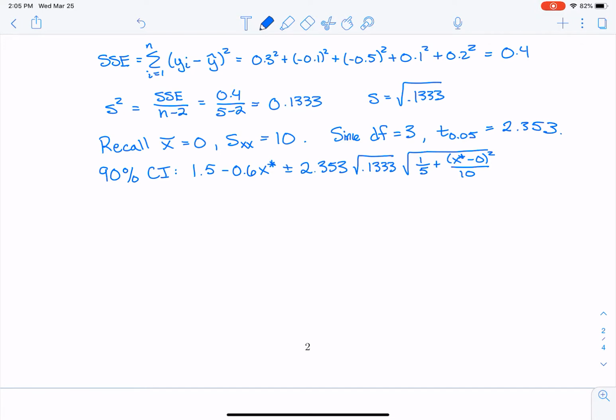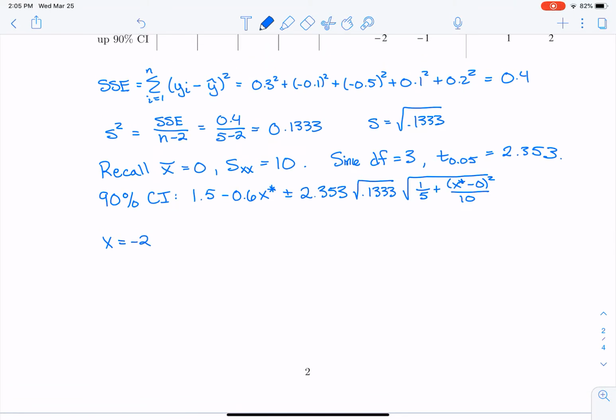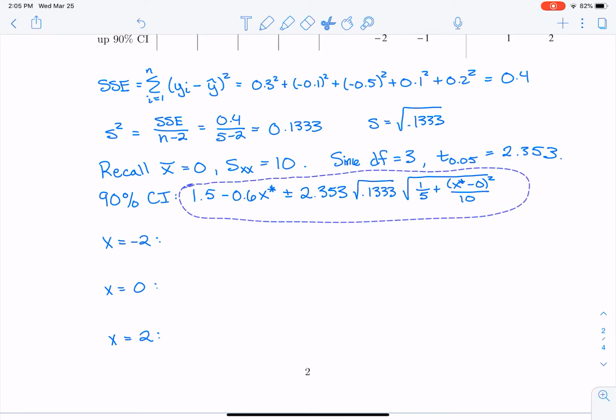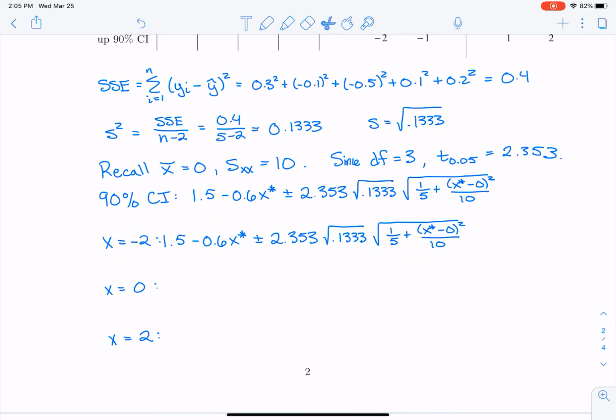And what I would like to do is just compute that for a few values. So we're going to compute that for x equals minus 2, x equals 0, and x equals 2. So all I have to do is plug in x equals minus 2, 0, and 2 to this formula. So I'm going to save myself a little bit of writing here.